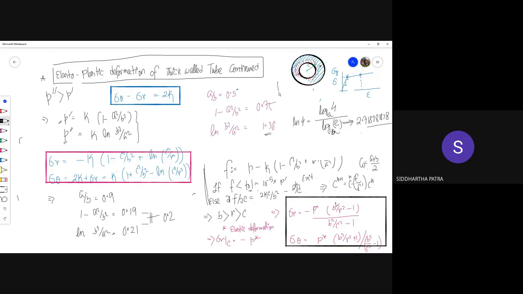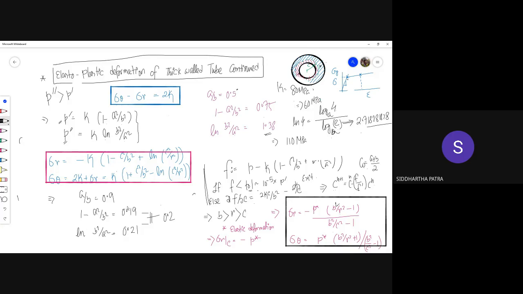Okay, let's say K is, 100 MPa is too much, let's say K is 80 MPa. Then this is 60 MPa, P prime, and P double prime is around 110 MPa, maybe. And let's take that same 80 MPa over here.